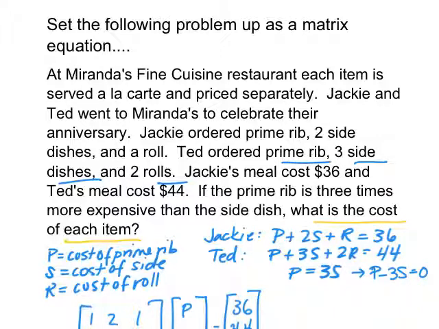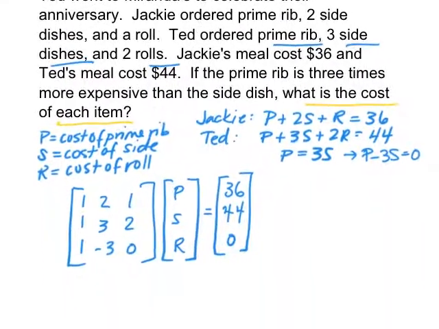Then we can take that system of equations and set it up as a matrix equation. So think about this as matrix A times matrix X equals matrix B. That's the coefficients times the variables equals the solution side.